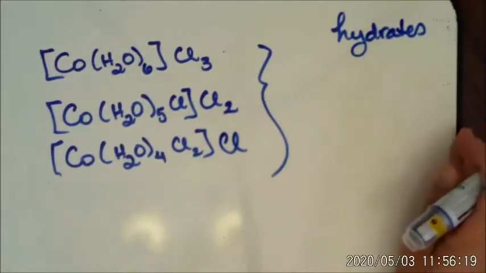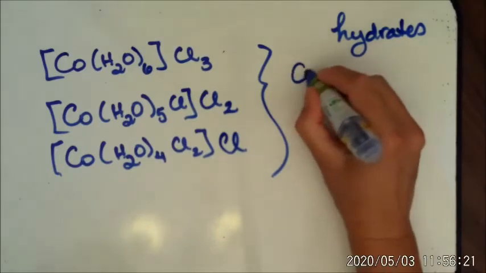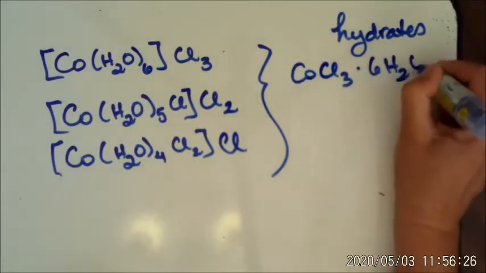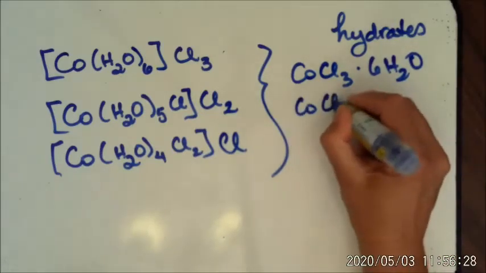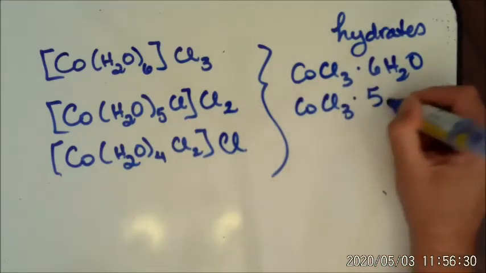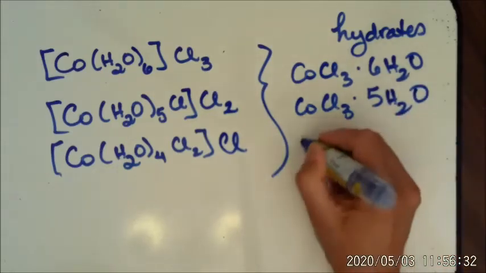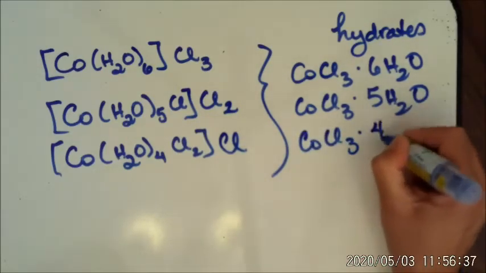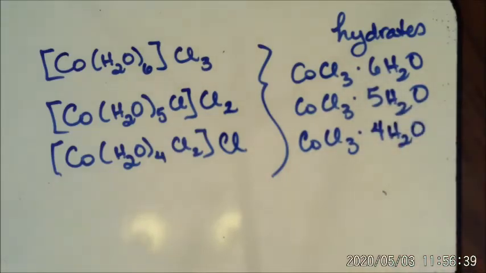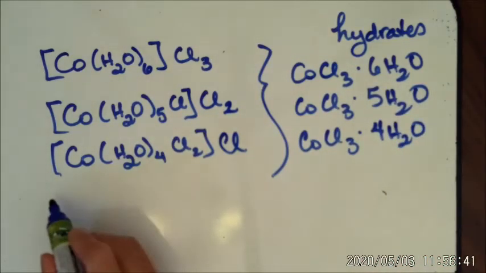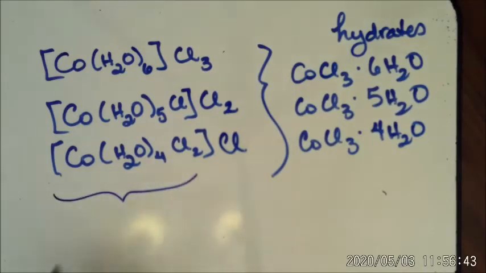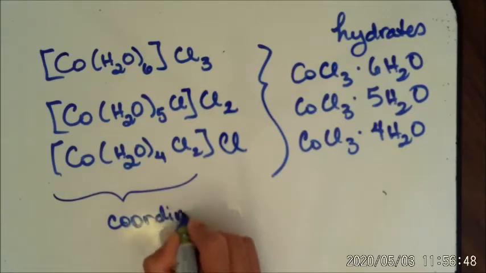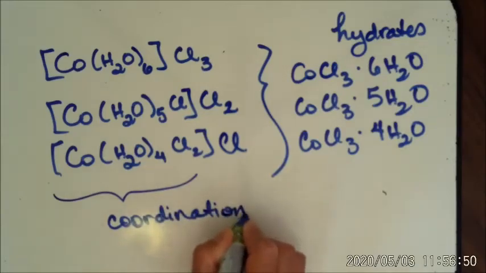If we wrote the formula with 6 waters, you would say it's just in my crystal structure, and you wouldn't be able to really distinguish between them. It's by knowing that you have a different coordination complex. So these are coordination sphere isomers.